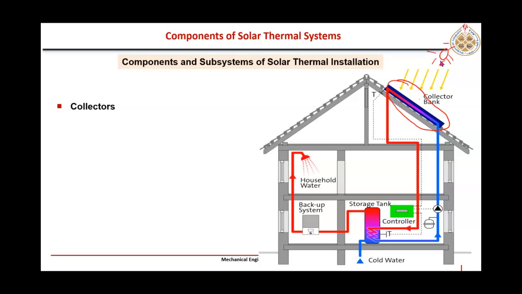We just covered in chapters 1 and 2 how to find this incident radiation. The part which gets absorbed goes to the fluid, which enters at low temperature and leaves at a higher temperature. So this is component 1, the solar collector. There are many types of solar collectors which we will see in this chapter.